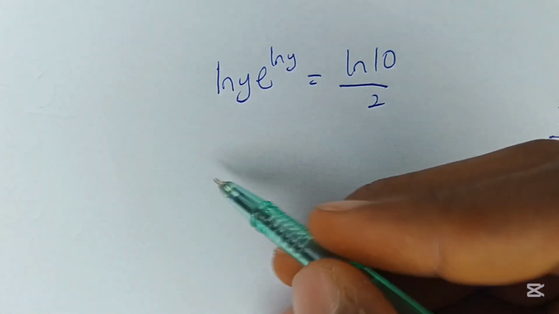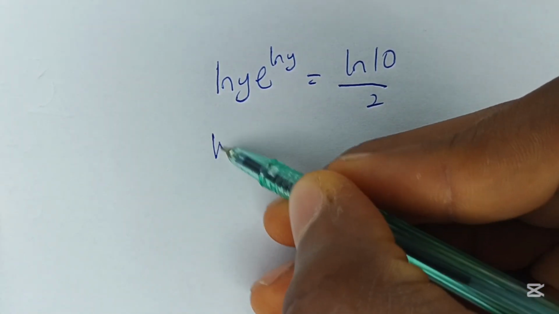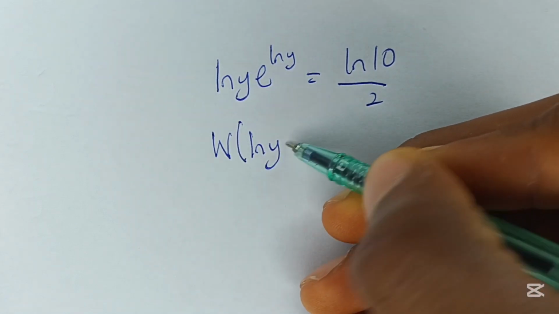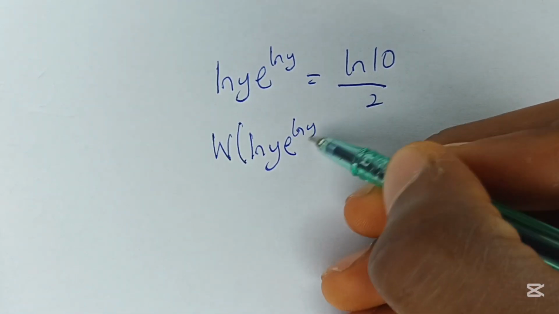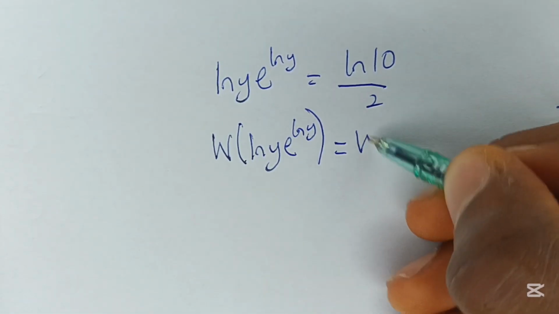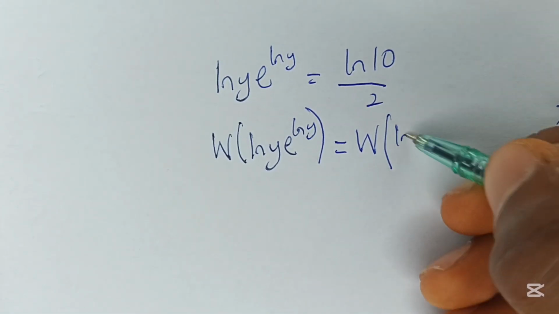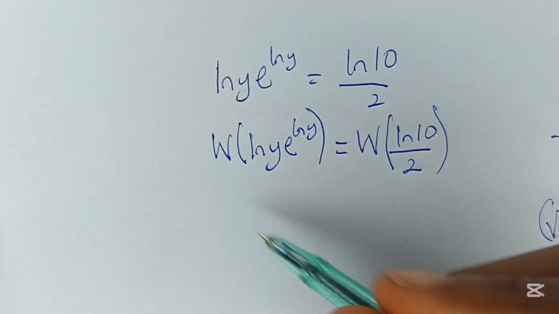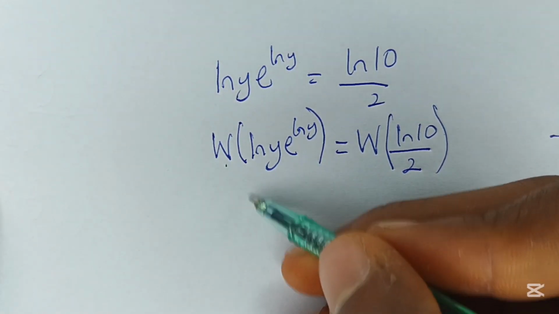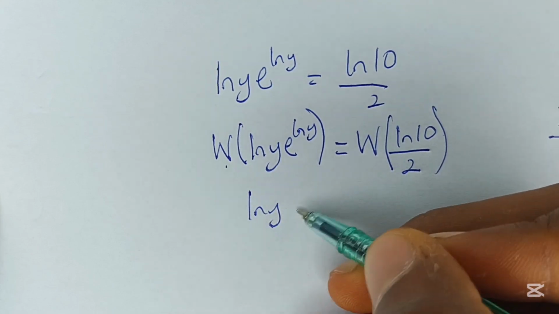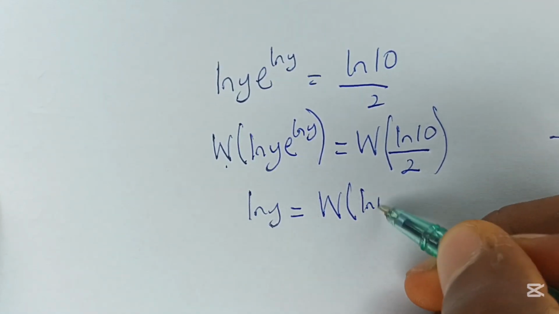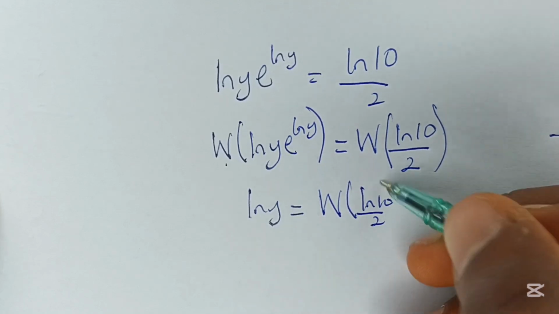Applying the Lambert's W formula here, we say the W of ln of y e to the power of ln of y is equal to the W of ln of 10 divided by 2. Now W of this would give us ln of y to be equal to W of ln of 10 divided by 2.